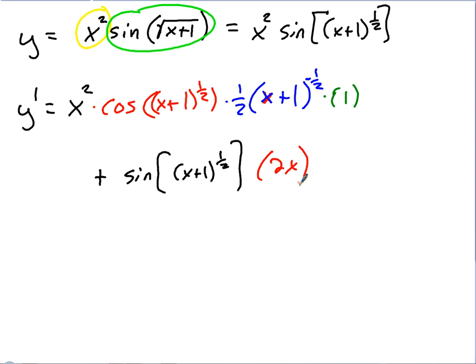Now we have to just clean this stuff up a little bit. And so the second term is pretty easy. Second term is just going to be 2x times the sine of the square root of x plus 1. But that first term is a little bit ugly. What are we going to do with that? It's going to be a fraction, it looks like. What goes on the top of the fraction?